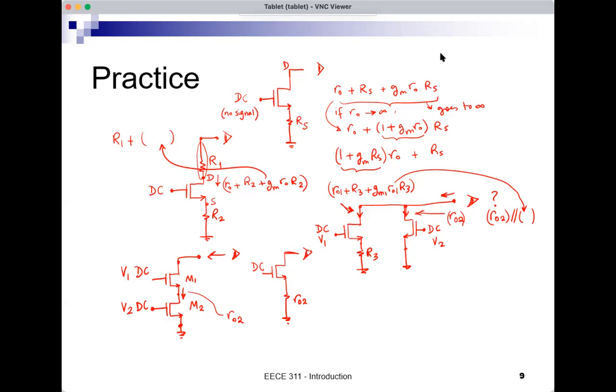And this is my I. So what is the resistance looking down into the drain of M1 when its gate has DC and its source has ro2 to ground? Now I can apply the rule, and the rule tells me that this will be ro1 plus ro2 plus gm1 ro1 ro2.